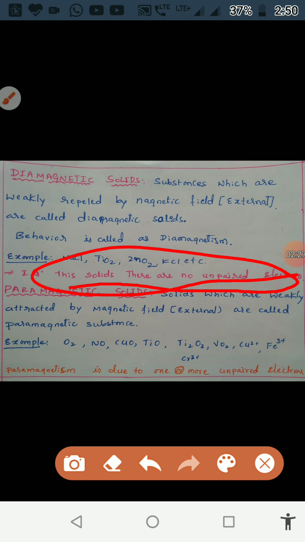Nextly, paramagnetic substance. The solids which are weakly attracted by the magnetic field are called as paramagnetic substances. We may take oxygen, nitric oxide, cuprous oxide, titanium oxide, and these are all examples for paramagnetic substances.